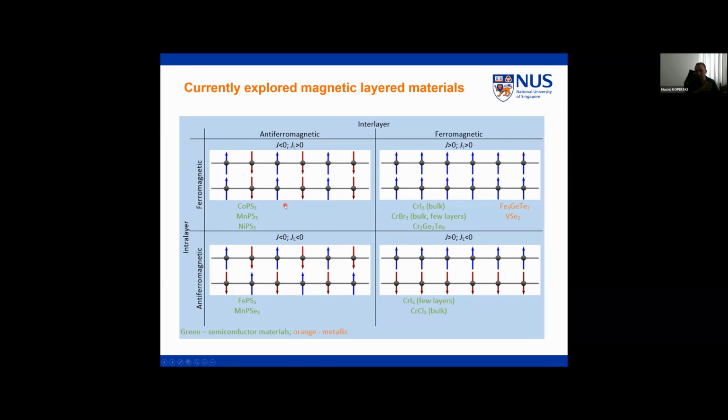And even though we have been studying these magnetic materials in thin layer form for a very short time, we already know representatives of materials that display all these different types of arrangements. And on top of that, these materials are very different from the point of view of their electronic properties. Some of them are semiconductors, some of them are insulators, some of them are metallic.